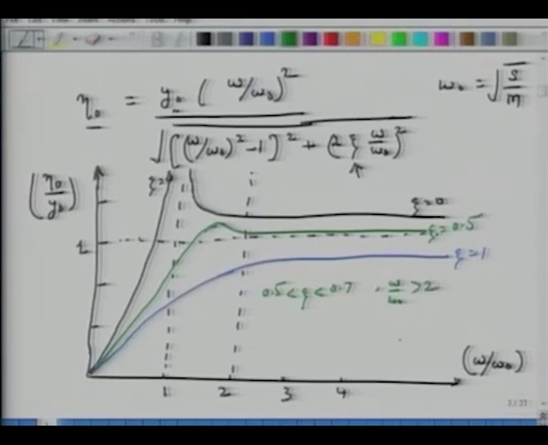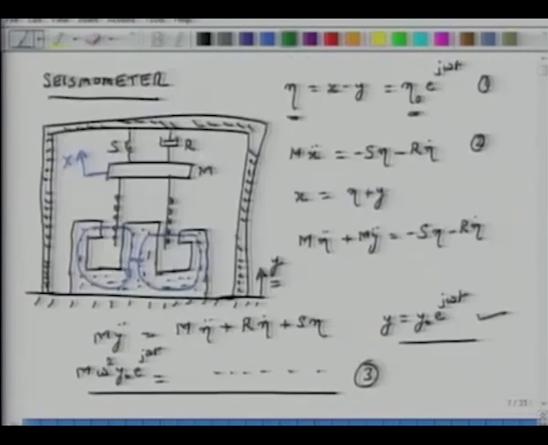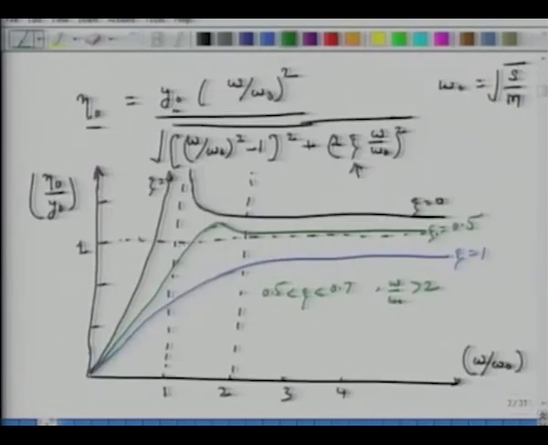This seismometer will essentially have a flat frequency response if I set the damping coefficient, this value of R, in such a way that eta equals 0.7, and if my omega over omega naught exceeds 1 or actually 2, then my response curve will be fairly flat. So that is the magnitude part.